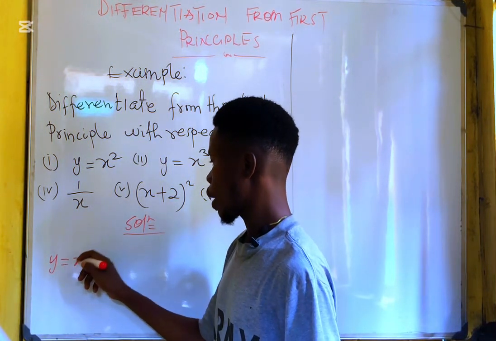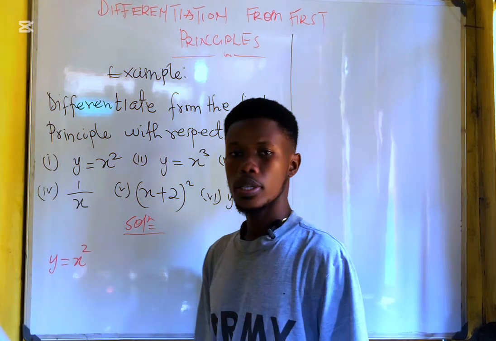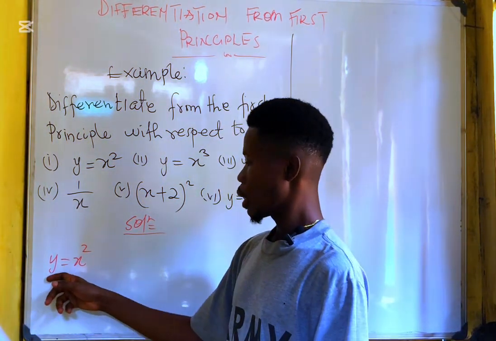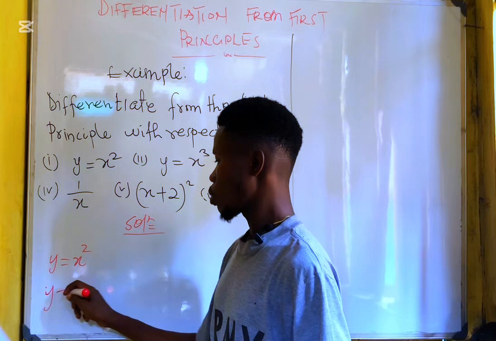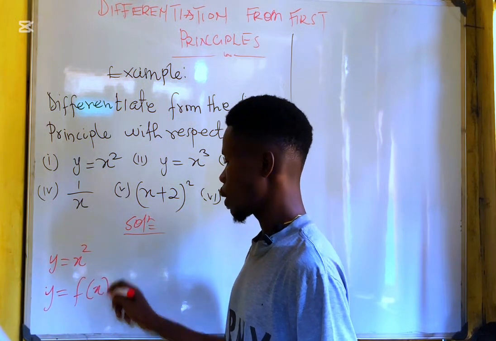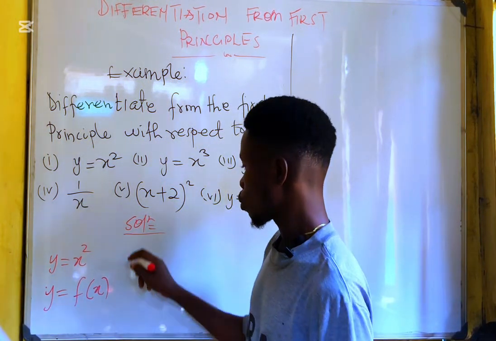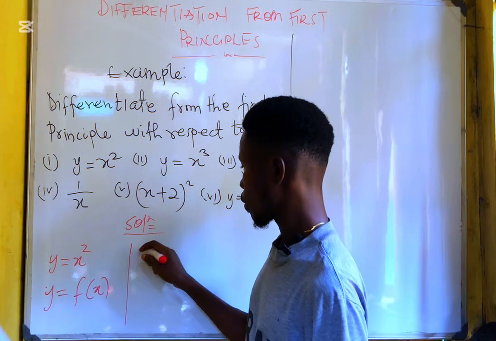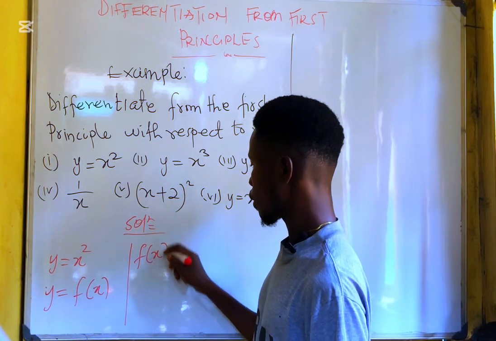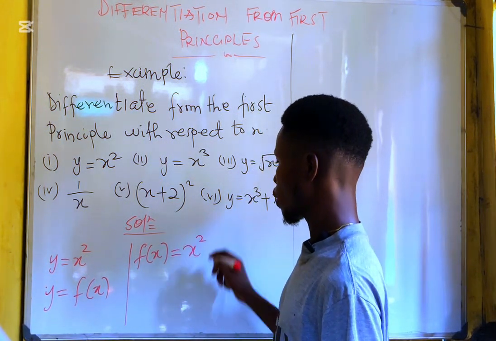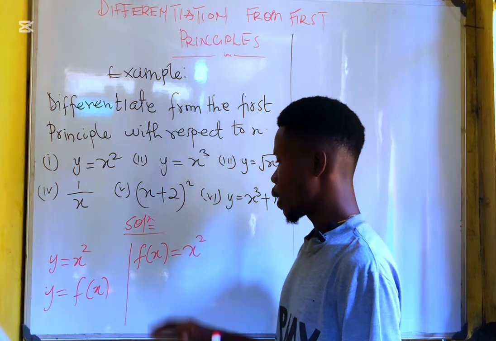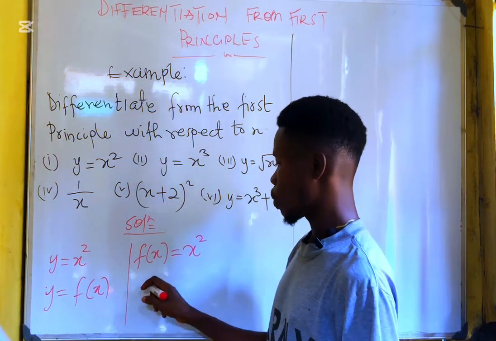y equals x squared. Now, you know that this y can also be written as f(x). This is a function, okay? So in this case, we can say that f(x) equals x squared. Is that okay? Now we are using the first principle, so use the formula.